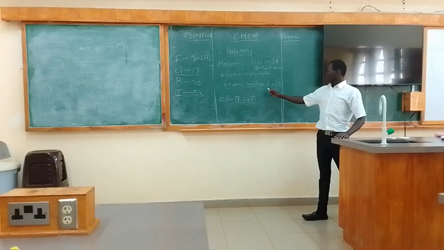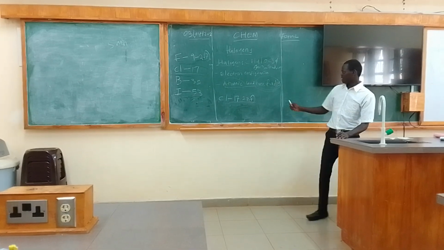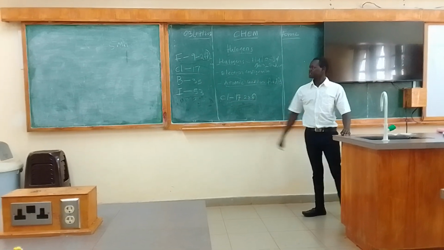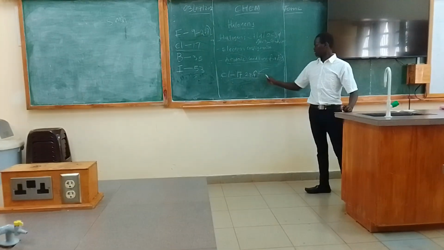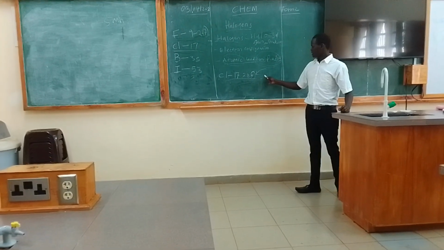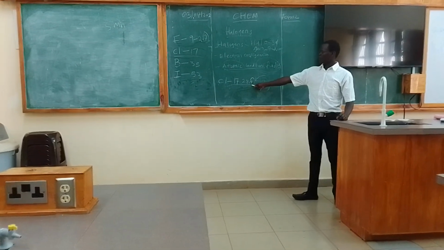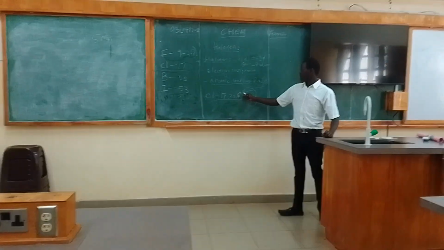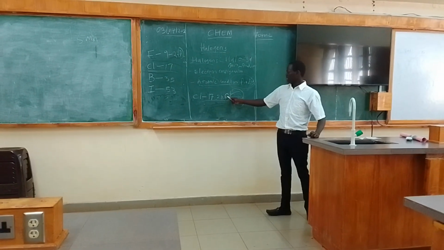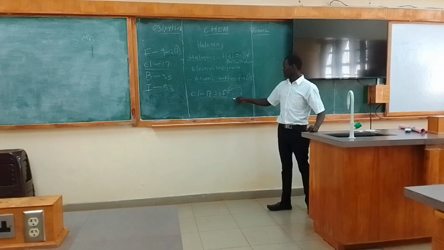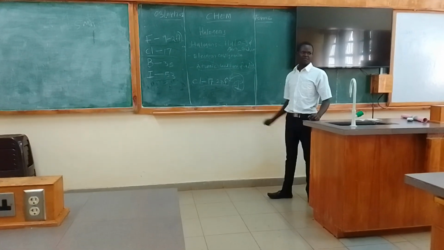Now, why is the ionic radius larger than the atomic radius? First of all, I've told you that the halogens form a stable electron configuration by gaining 1 electron, meaning they form ions with a charge of -1. Now, when the halogens gain electrons, you find that there is a repulsive effect between the existing electrons and the incoming electrons. So this makes the size of the ion larger than the size of the atom.